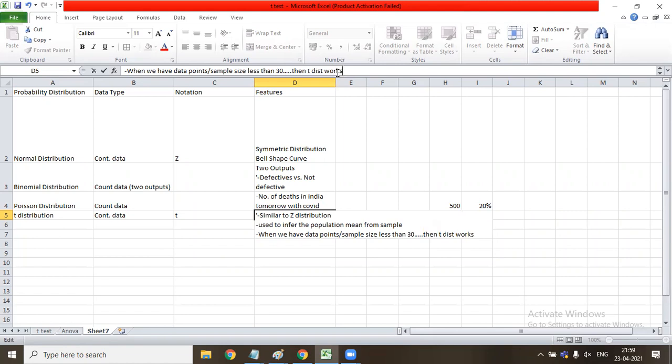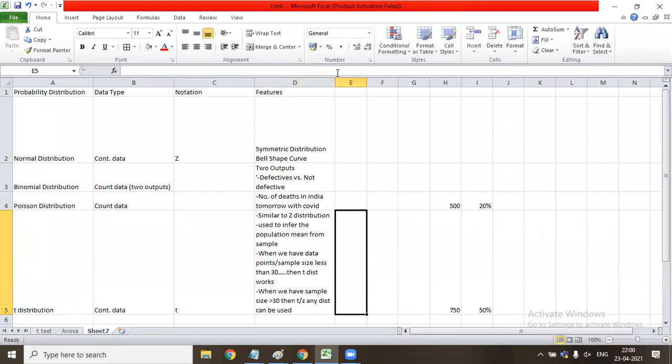And when we have a sample size greater than 30, then either T or Z distribution can be used to infer the mean of the population from samples.